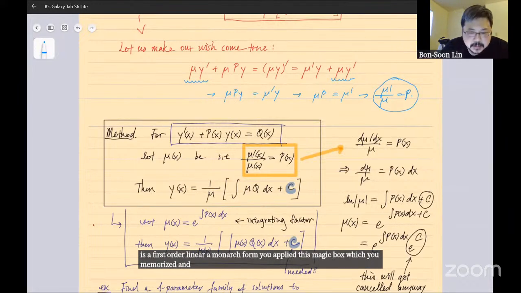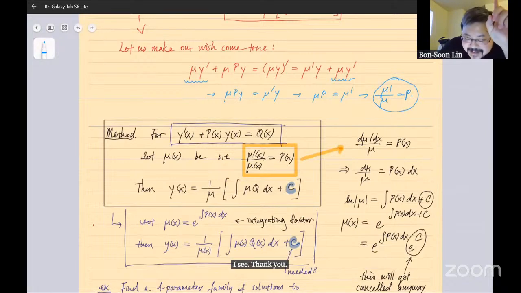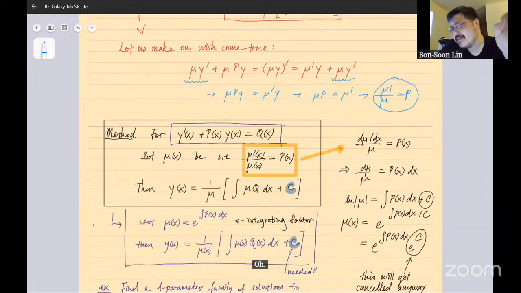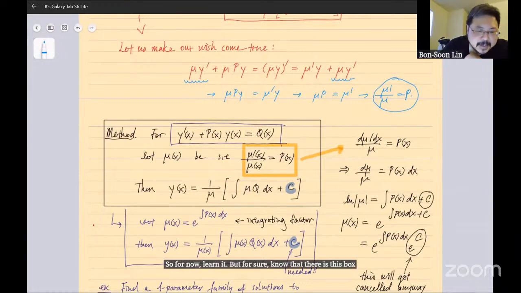I don't mind. Unless I'm so mean, I said, okay, derive it. I think I won't do it, maybe. So for now, learn it, but for sure, know that there is this box. Is that okay?